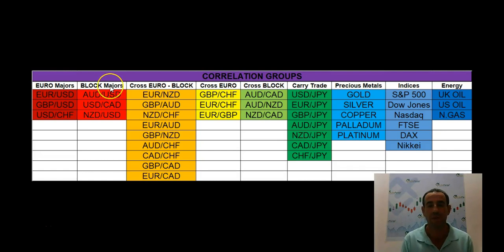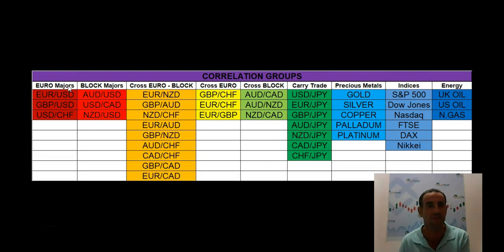Now, let me zoom in on the definitions here, on the terminology. Euro majors, pretty straightforward, right? We're talking about the representatives of the Eurozone. So Euro itself, British pound, Swiss franc. Then we have a different group, which is the group that relies on commodities.